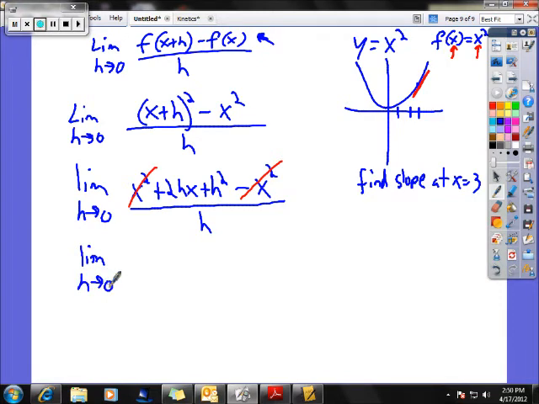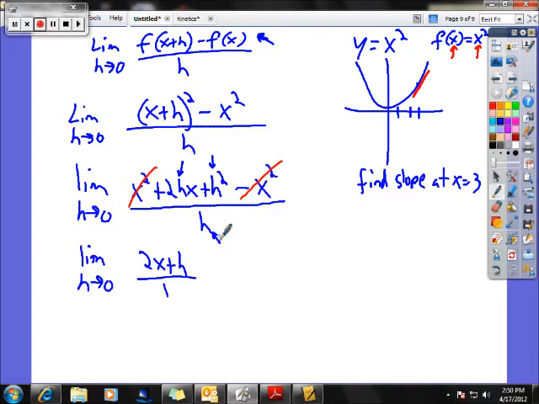We're going to take an h out of everything. So we get 2x plus h over just 1, because we're taking that h out, right? As long as it's on every term, you can cancel it out. And it's on every term here. We have an h here, we have an h here, and we have an h here. As long as it's on every term, you can cancel.